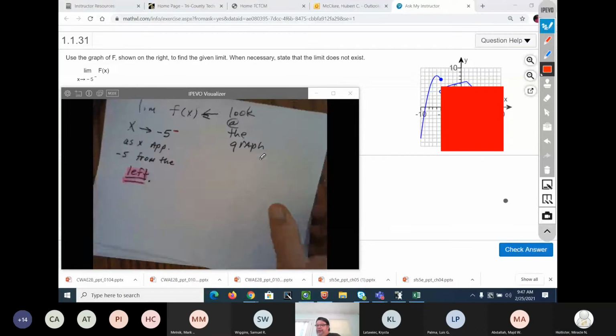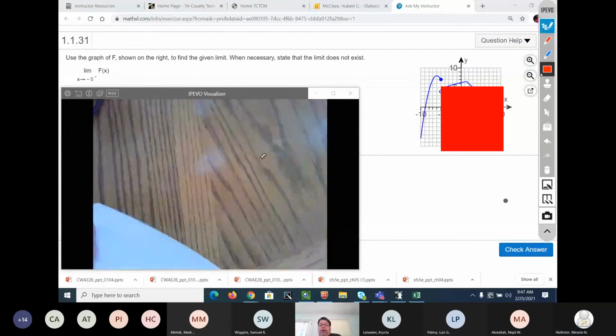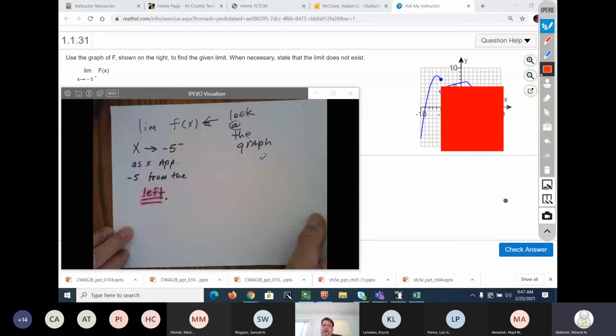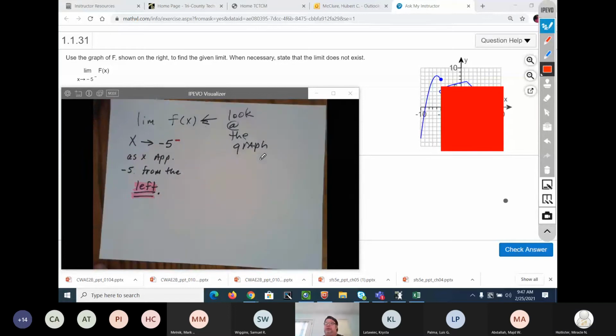That's right, class. You're supposed to be looking at the what? Left side, Hubert. Thank you, Miss Hollister. You're supposed to be looking at the left. So now look at the left. As I approach -5 from the left, I'll even put a little arrow right there. As I approach -5 from the left, what is my y approaching?